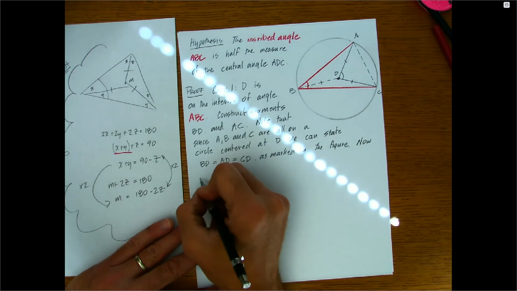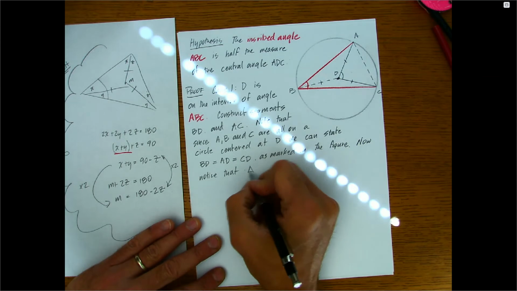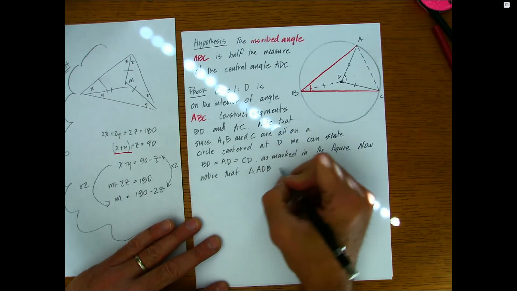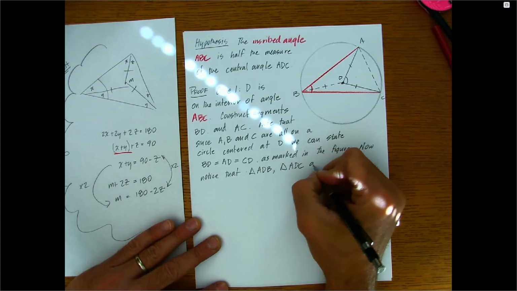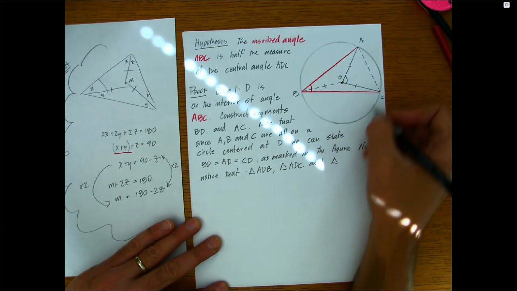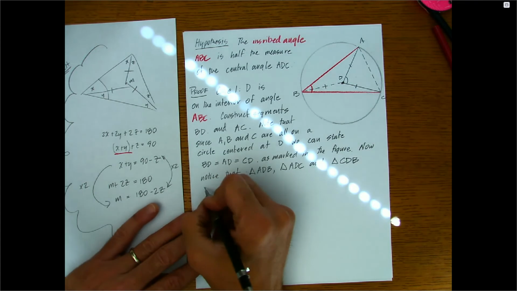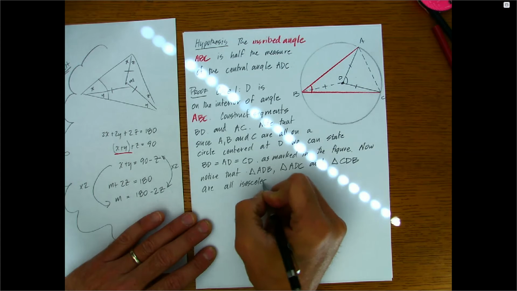Now, notice that triangle ADB, triangle ADC, and triangle CDB are all isosceles.